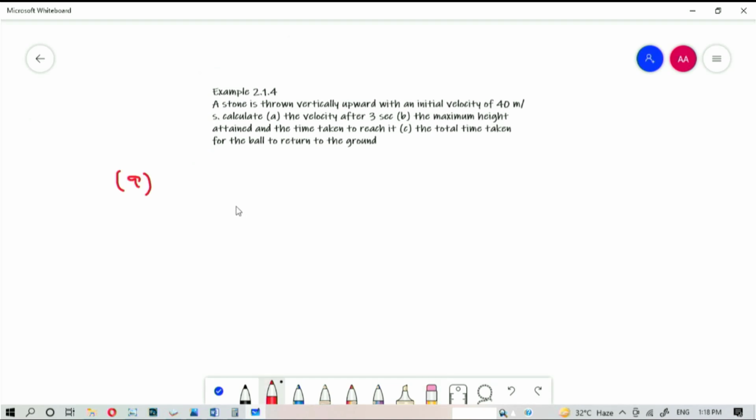A. If a stone is thrown vertically upward, that shows that g is minus. Then g is given to be 9.8 meters per second square. We have initial velocity u equal to 40 meters per second, and we have to calculate the velocity v after 3 seconds, using v equal to u minus gt.